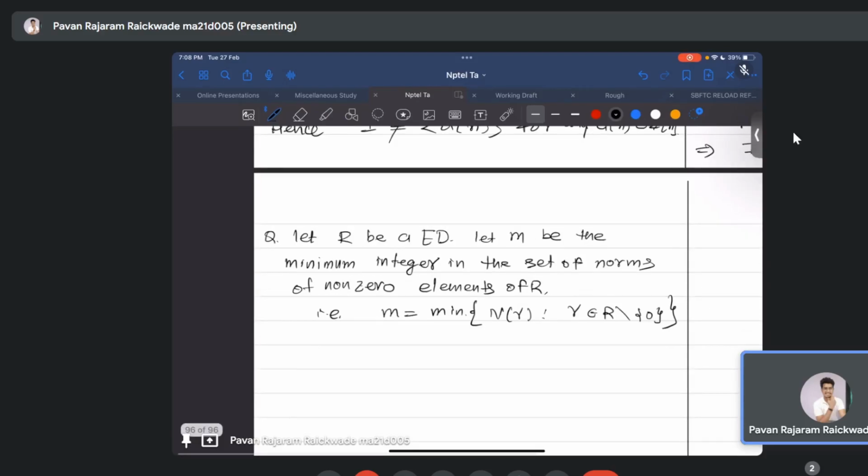Now what you have to prove is that every non-zero element of R of norm M is a unit. So if r belongs to R minus 0 such that N(r) equals M, then r is a unit.